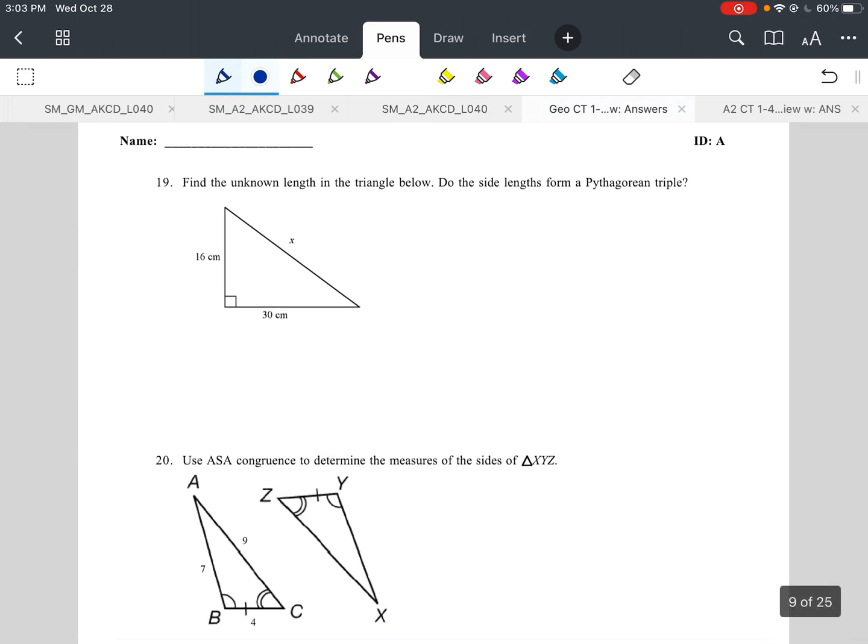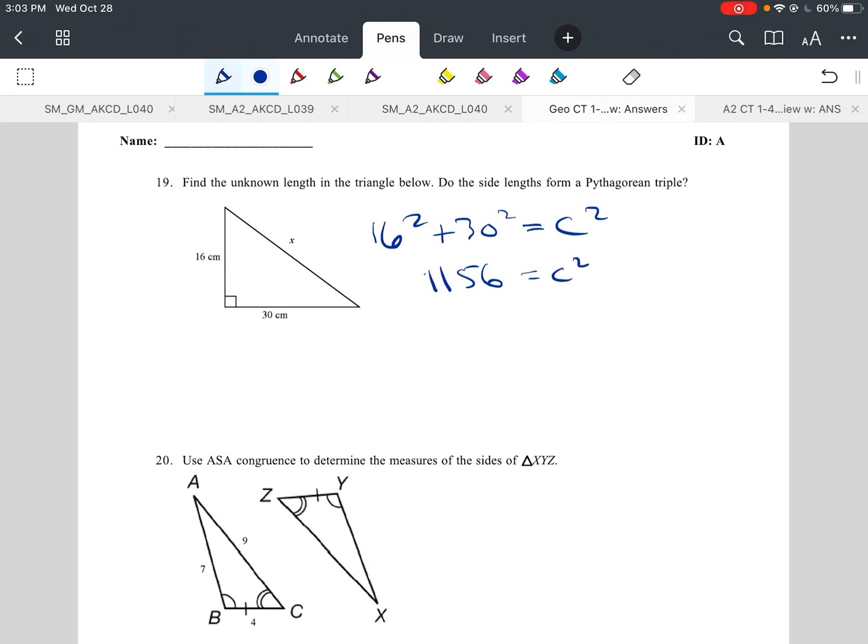Number 19, find the unknown length in the triangle below. Well, Pythagorean theorem here. This would be 16 squared plus 30 squared equals c squared. And again, you can do all this left side on your calculator in one step, and that's what I'll do now. I get 1156 equals c squared.